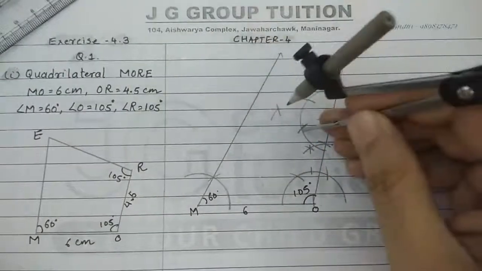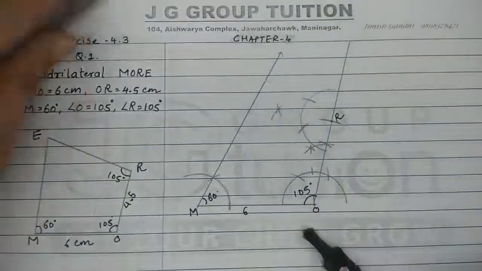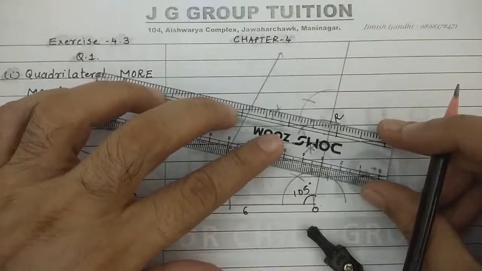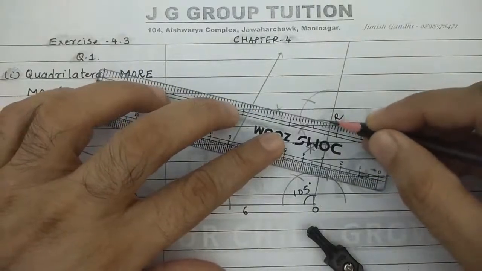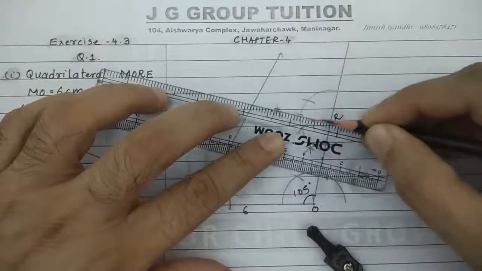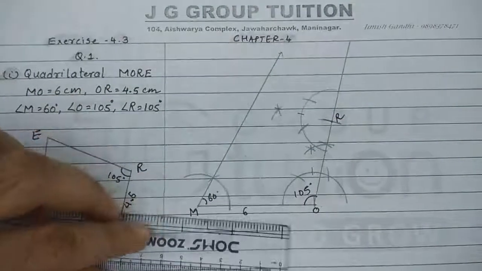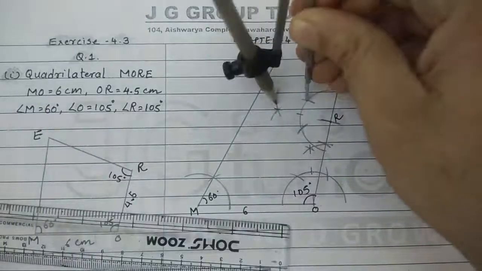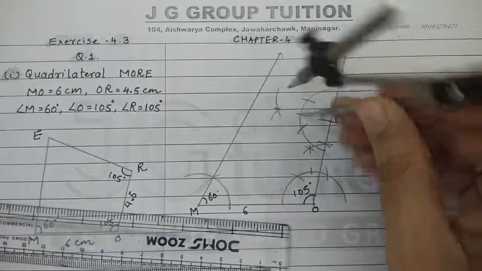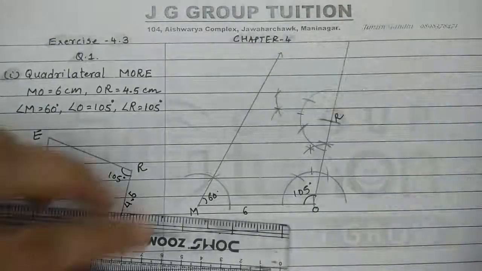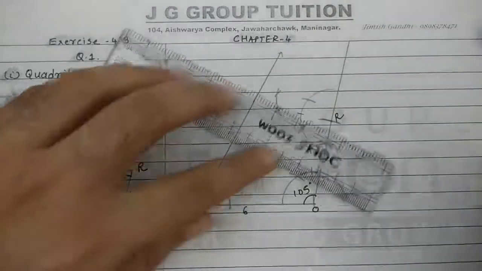So 60 and 120 are intersecting, and this must be 90 degree. We don't need to draw 90 degree, but we should draw the dotted line. These three dots should be drawn here. Now to obtain 105, one arc should be drawn from 120 and one arc from 90 degree. We can see that 120 and 90 both intersect somewhere here.